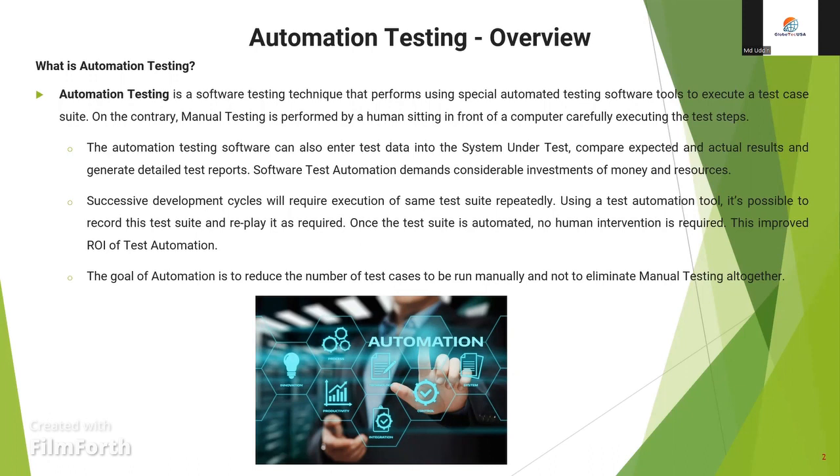So the automation testing software can also enter test data into the system under test, compare expected and actual results, and generate detailed test reports. And this test automation demands considerable investment of money and resources. So this automation testing tool can take the data from a data provider or data sheets and put it into a script in order to test the same script over and over with a different set of data.